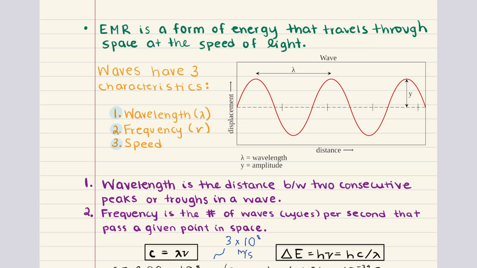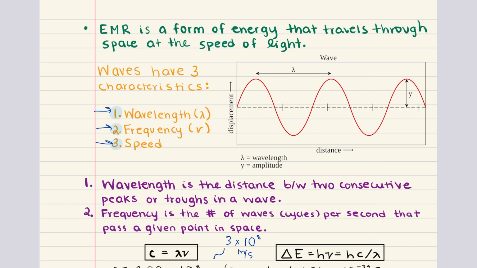Now, this energy is carried by oscillating electric and magnetic fields that move perpendicular to one another and propagate as waves. And these waves are fundamental to understanding how energy interacts with matter. So to describe waves, we use 3 key characteristics: wavelength, frequency, and speed.